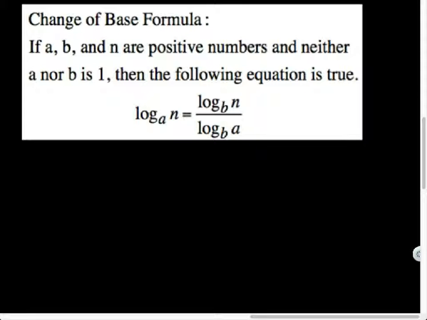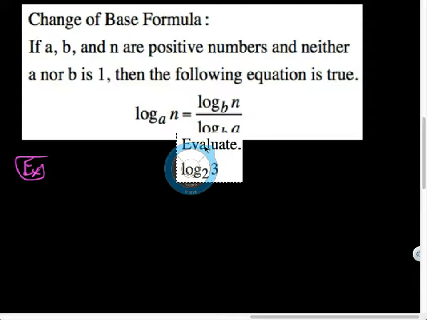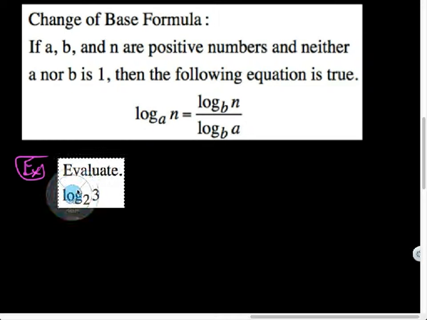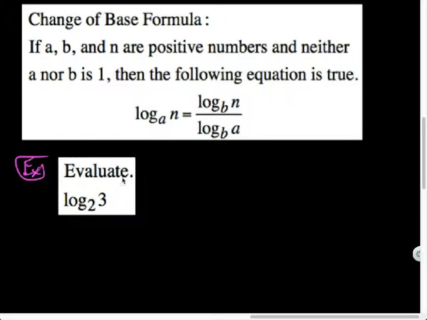This is the way you could find things like log base 2 of 3 on a calculator. Actually, I think some of our graphing calculators do allow you to do bases for logarithms, but I find this much more interesting, nonetheless.